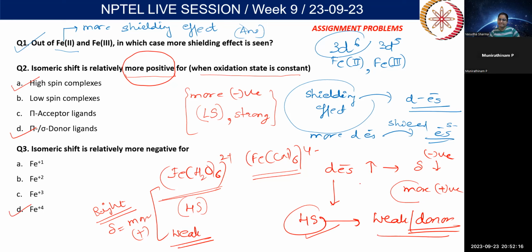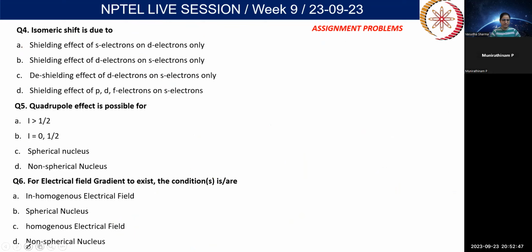More negative because the number of d electrons is less compared to other iron. More oxidation state, fewer d electrons, then more s electron density on the nucleus, and therefore more delta negative. Now is it clear? Clear, ma'am.